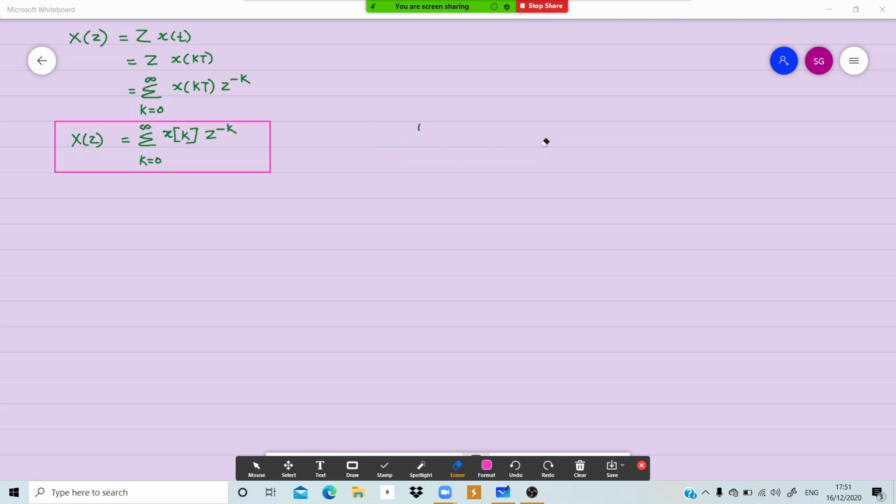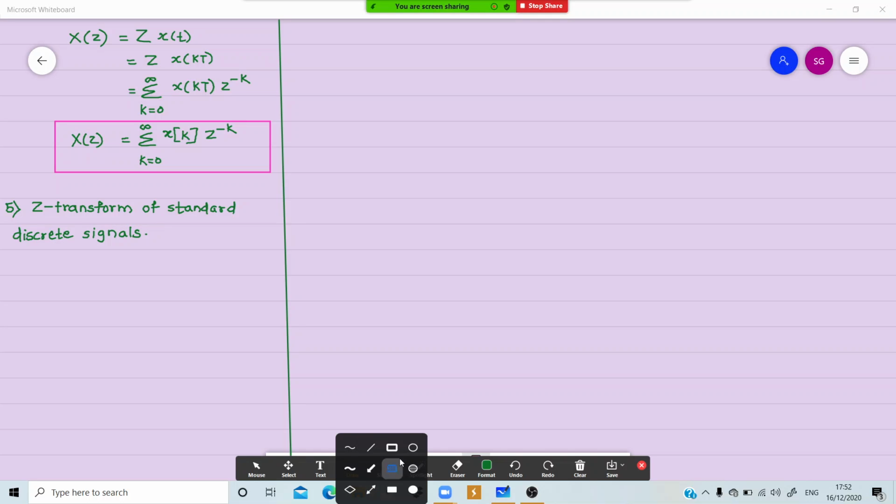So we'll see what those are. So the next point is the fifth point, I think: z transform of standard discrete signals. Okay, number one.